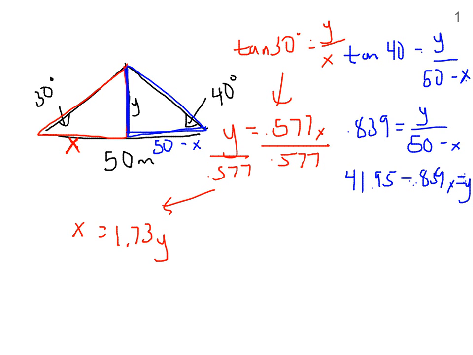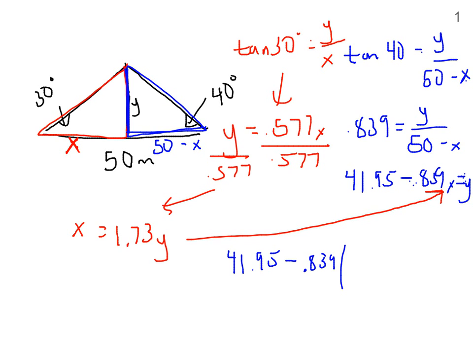I'm going to take that x value and I'm going to bring it all the way over here and plug it in for that x value. So back to the blue equation, I still have the 41.95 minus, I have that 0.839. Now instead of x, I have whatever x is equal to over here, which is 1.73y equals y.